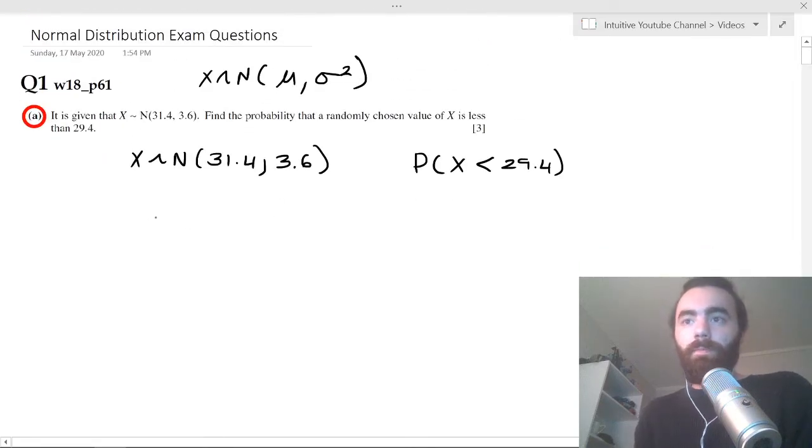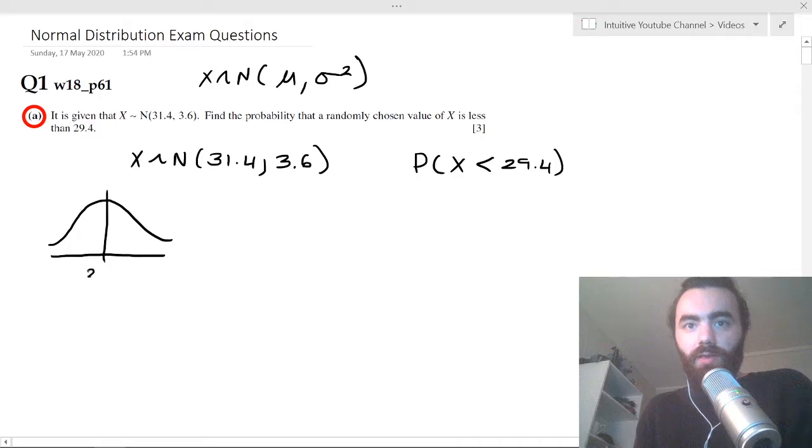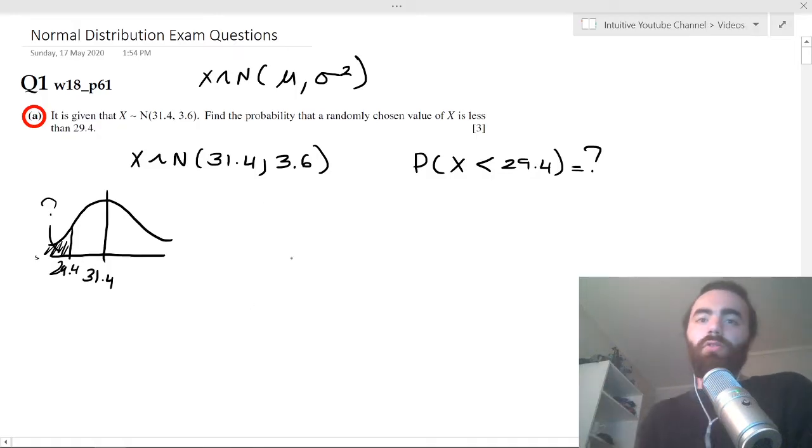So what we do there is immediately, what I always do is I draw out the situation. So we have a normal distribution, it has a mean of 31.4, and we want to find this. So let's say our 29.4 is here. So we want to find this area. So what is this area? Well, how we do that is we find the corresponding z value, and then we use our table.